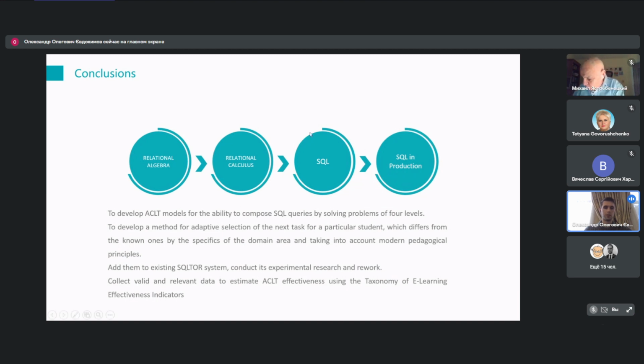It should include a relational algebra course, relational calculus, SQL, and SQL introduction. And then it should be estimated for effectiveness using the taxonomy of learning effectiveness indicators.